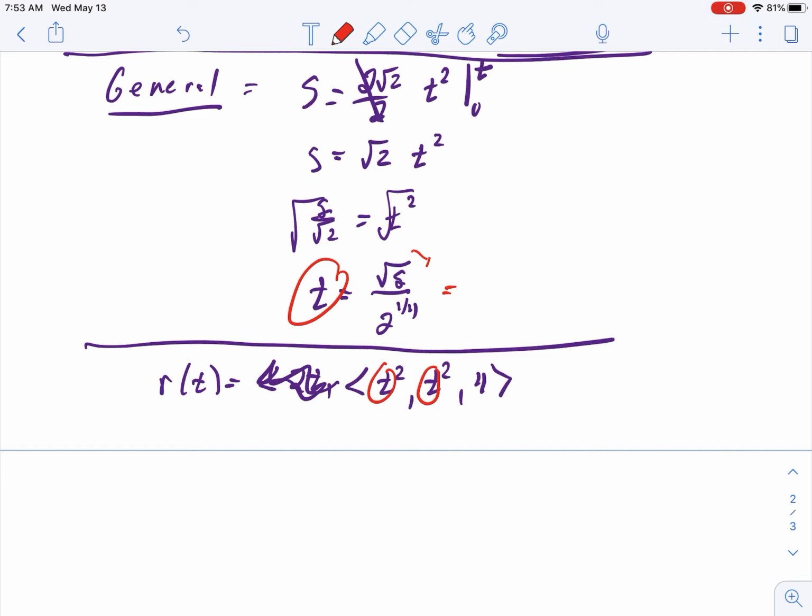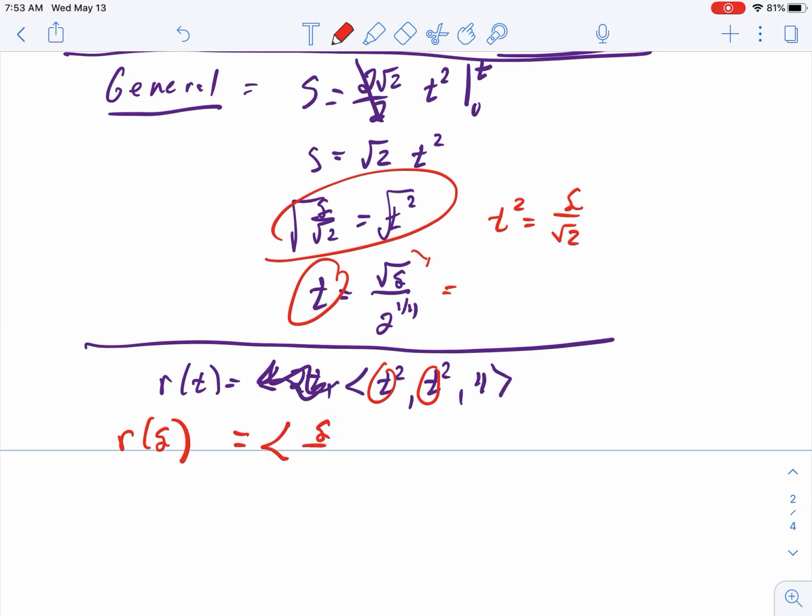So if you square each one of these, t squared is s over root 2. And this would be r of s now. So I'd have s over root 2, s over root 2, and 4. Okay, so now, again, this might be written as r of s.